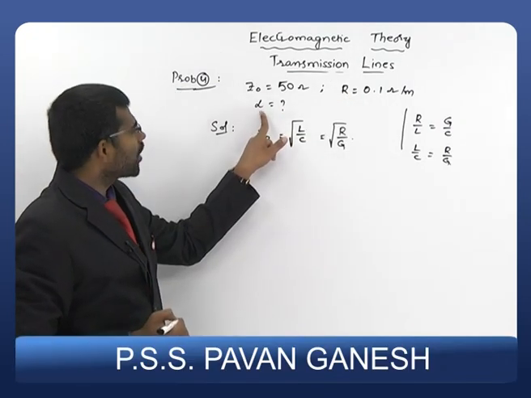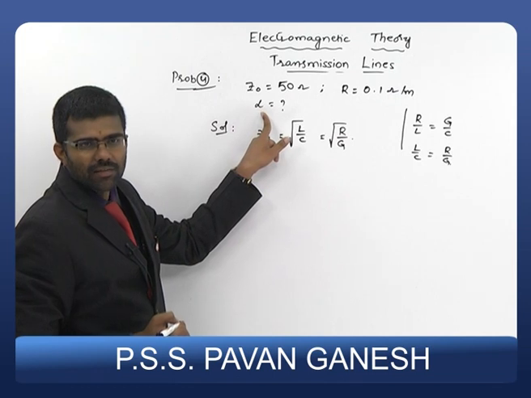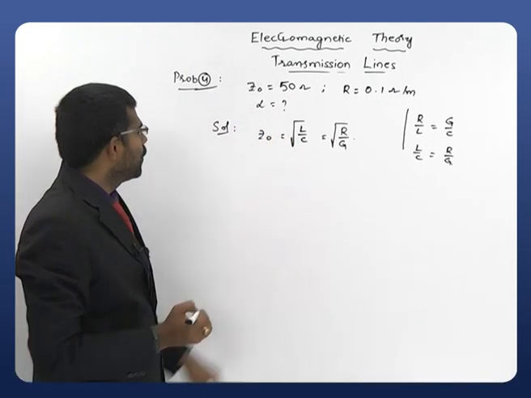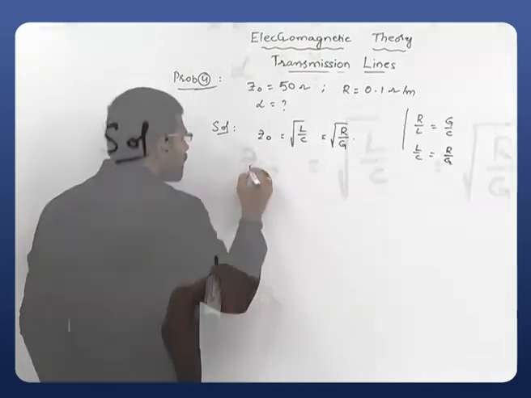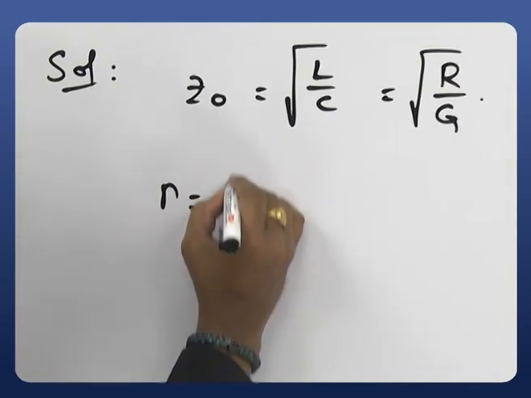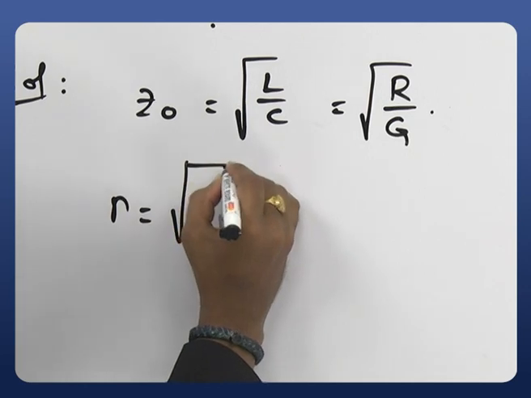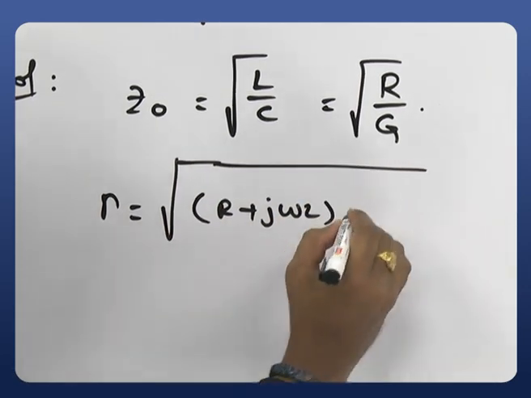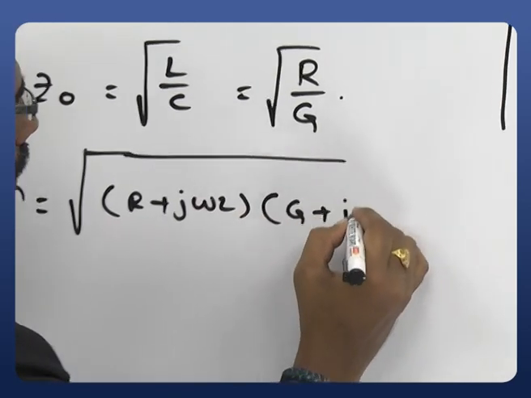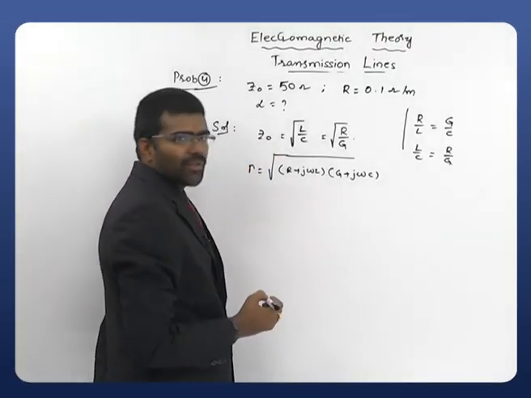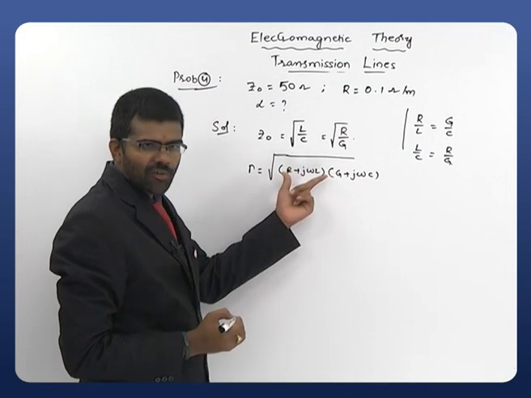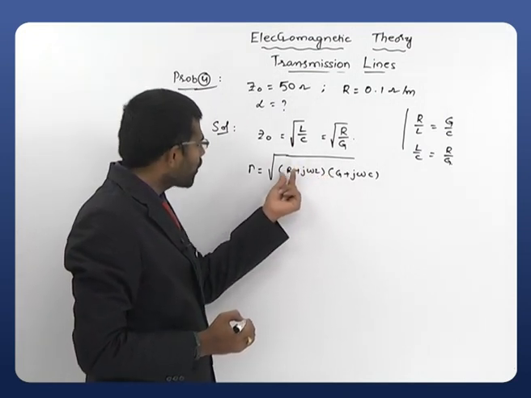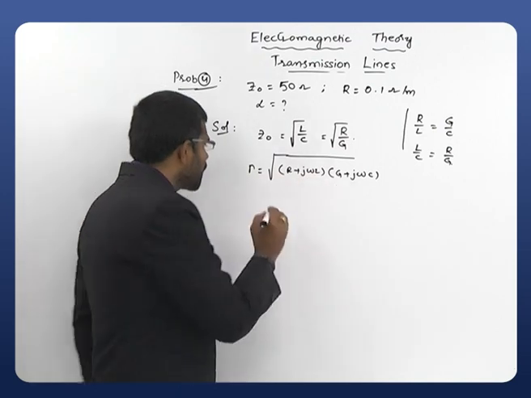Now what is the formula for alpha for a distortionless line? For that, consider gamma. Gamma is equal to square root of, what is that major formula? R plus j omega L into G plus j omega C is the general formula that we have. Now I am trying to modify this particular equation. R by L, G by C, I will consider here.